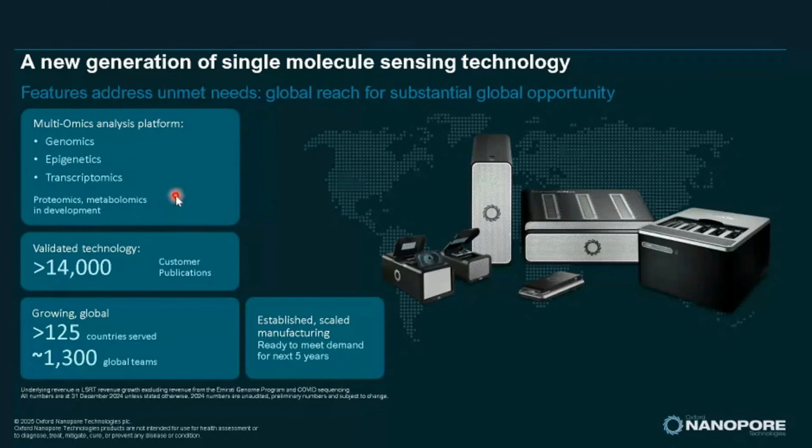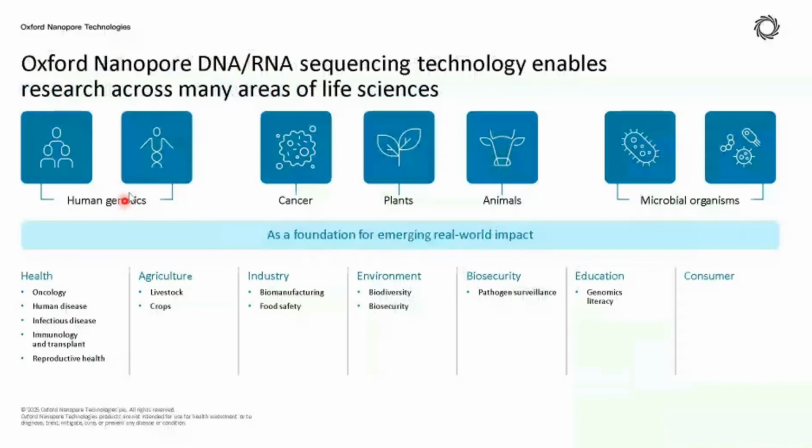Currently in development, we are using the same platform, with nanopore as the key technology, for the sequencing of protein as well as metabolomics, but that will be a few years' time, currently not available yet.